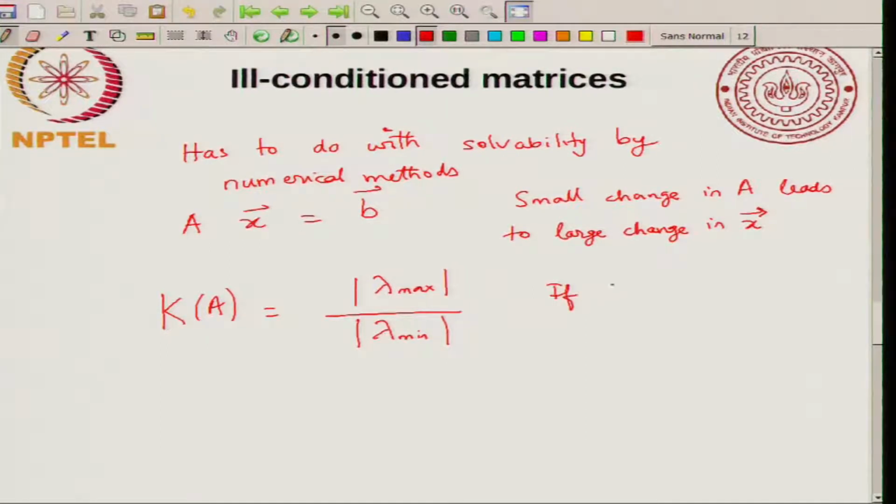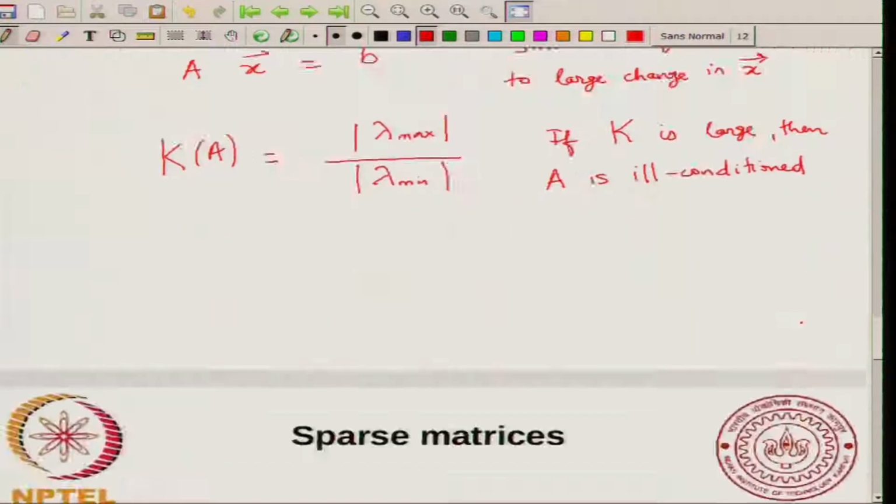If k is large, then A is ill conditioned. Many times you are solving these matrix equations by some numerical procedure, and then you have to really worry about whether the matrix is well conditioned or ill conditioned. So this is one thing about matrices that I want to mention.